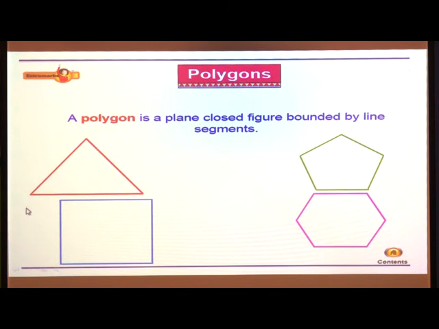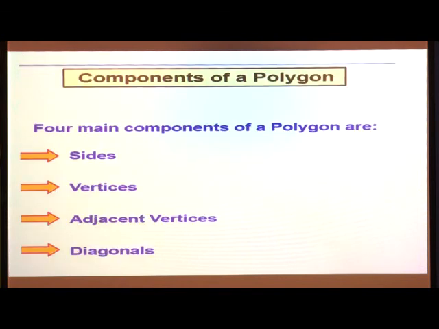The main important concept of this lesson is the components of a polygon. The four main components of a polygon are sides, vertices, adjacent vertices and diagonals.